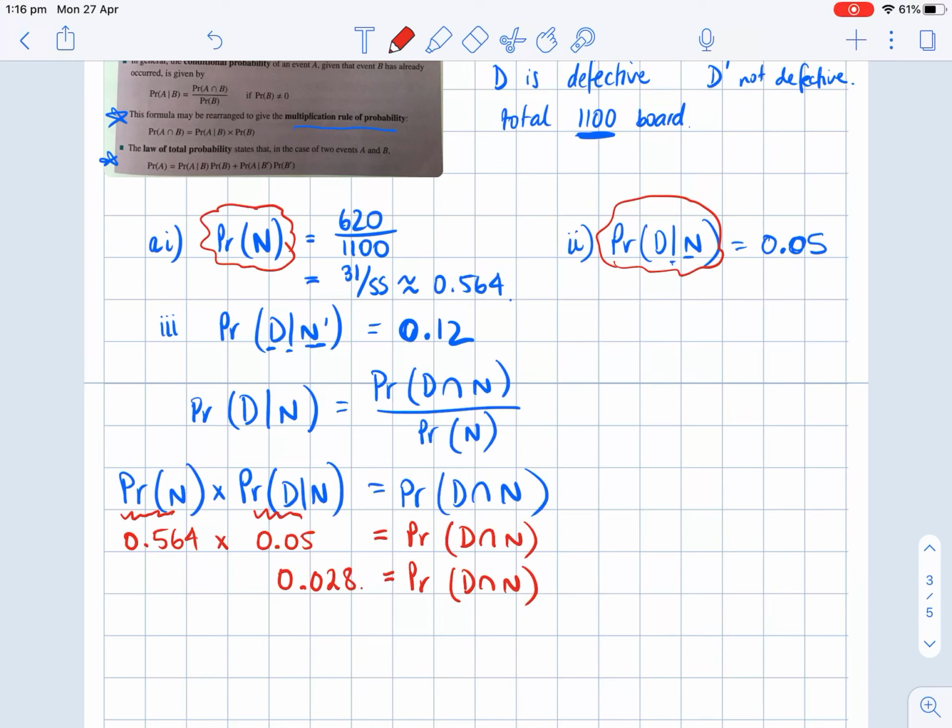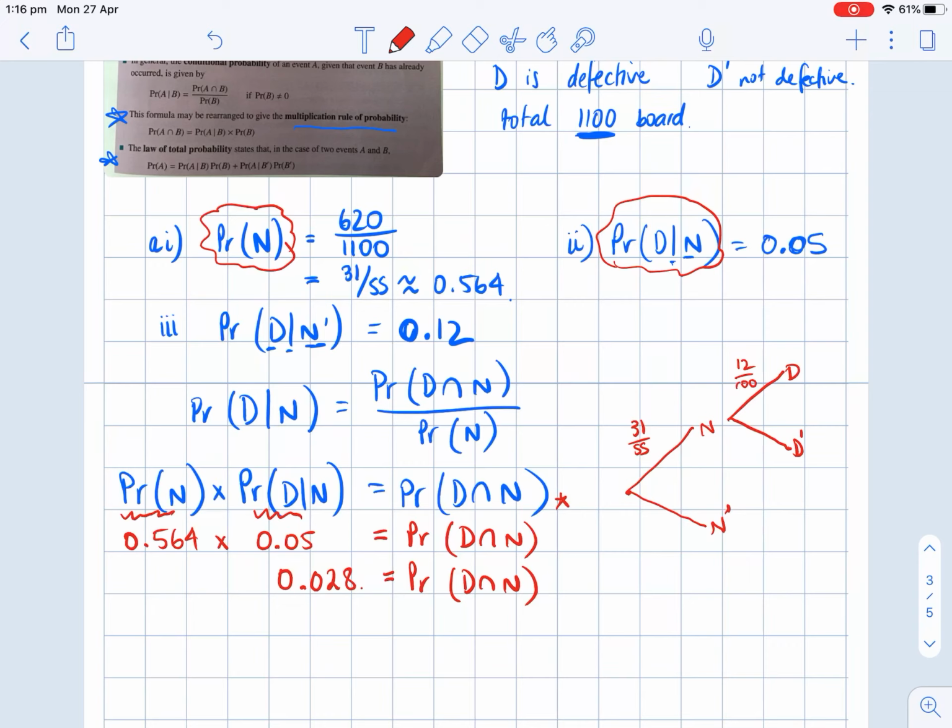Now, how else could I do that? Well, if I didn't use this rule, I can use a tree diagram. I'm going to say, all right, the first thing I want to do is choose that it comes from the new machine, and that's my 31 out of 55. And then the second thing I want to do is choose it to be defective, which was 12%, or 12 over 100.